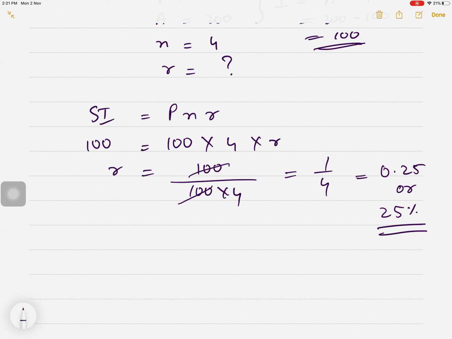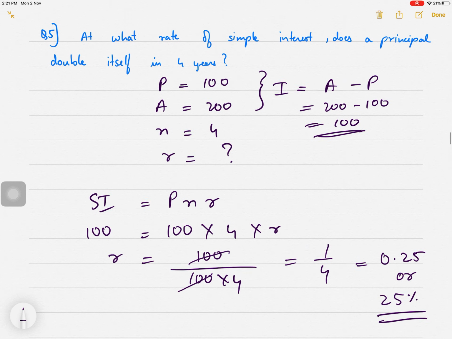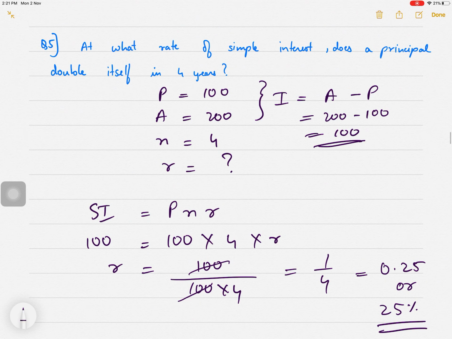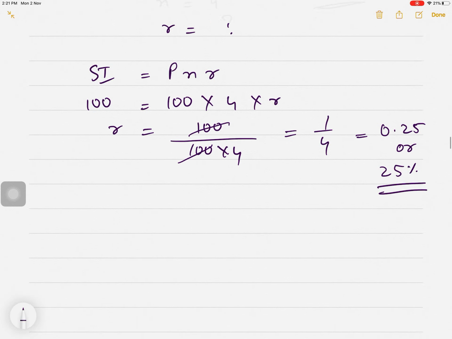So R is equal to 0.25 or 25%. Correct? Okay. Let's see the next problem.